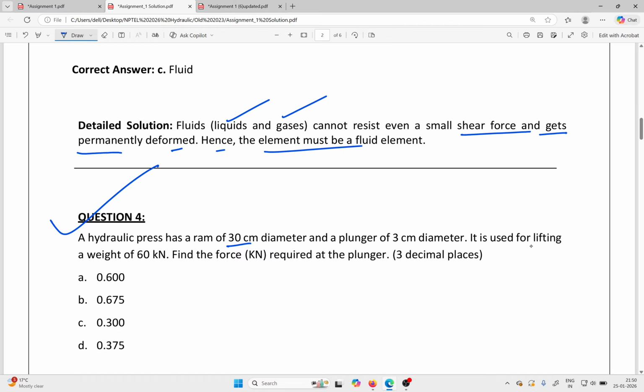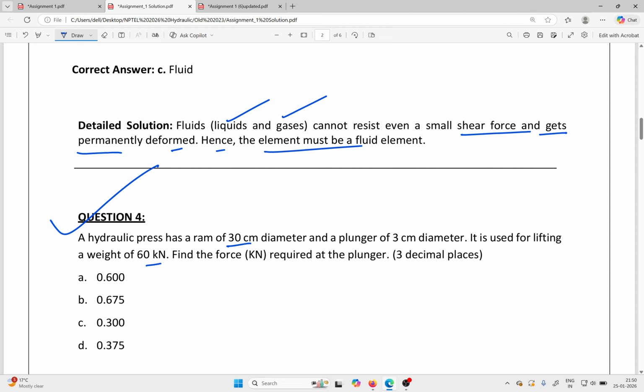It is used for lifting a weight of 60 kilonewton. Whatever I was telling previously, for example when I was discussing Pascal's law, you can remember that. A similar question is here. Find the force in kilonewton required at the plunger, up to 3 decimal places.